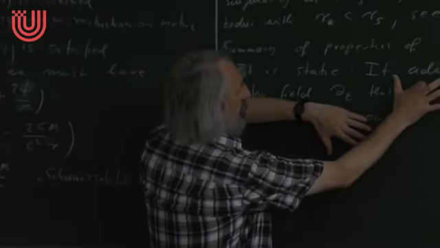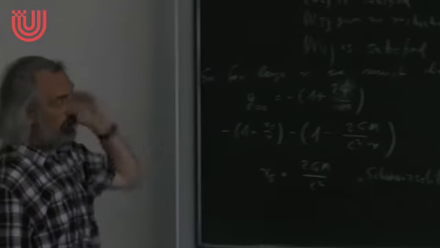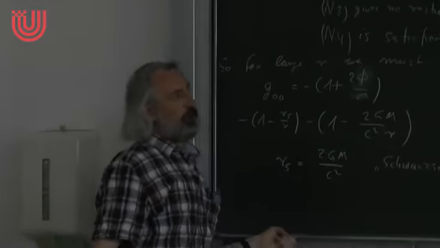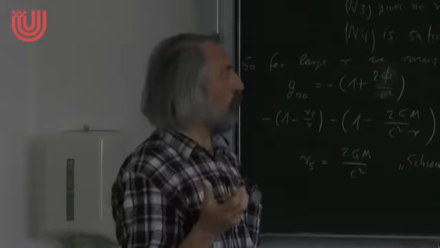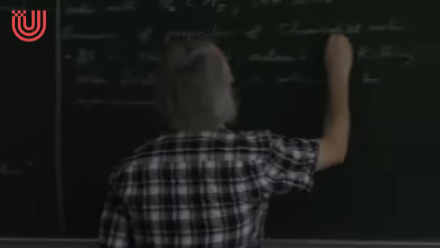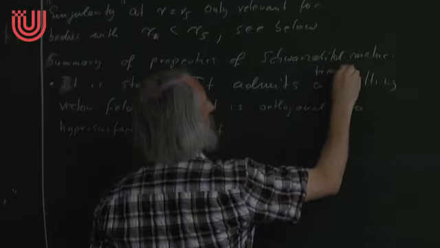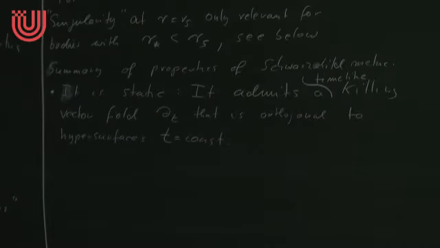If only the first part were satisfied, but we could not introduce such hypersurfaces, then we would not call the metric static. For instance, if some of you have heard about the Kerr metric, which describes a rotating black hole, there we also have a time-like Killing field, of course, so that I can really interpret integral curves as motions of observers.